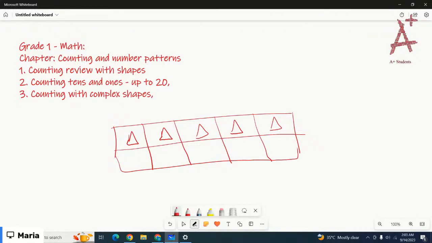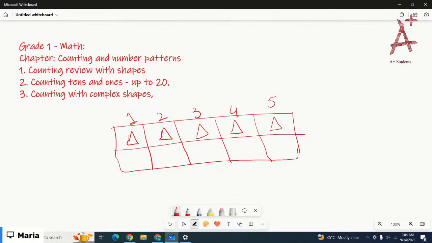You just have to count the triangles in the shape, right? Let's just count them. 1, 2, 3, 4, 5, right? So there are 5 triangles in the frame, right?